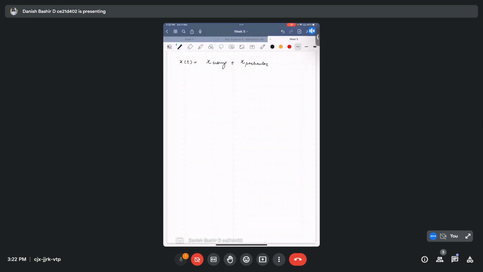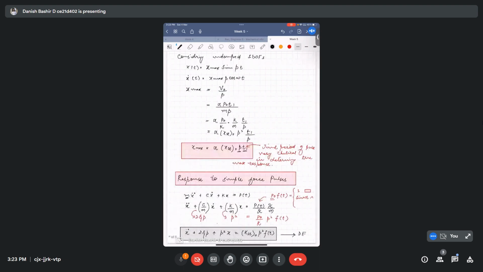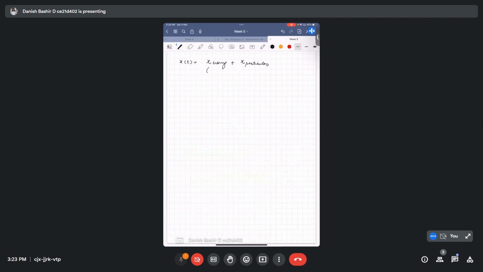Okay, so I will write this whole right-hand side term as E. Homogeneous will be when we consider E equal to 0, the whole right-hand side equal to 0, and E is otherwise whatever it is: x static maximum static deflection times p square f of t. Okay, so this will be the particular solution.